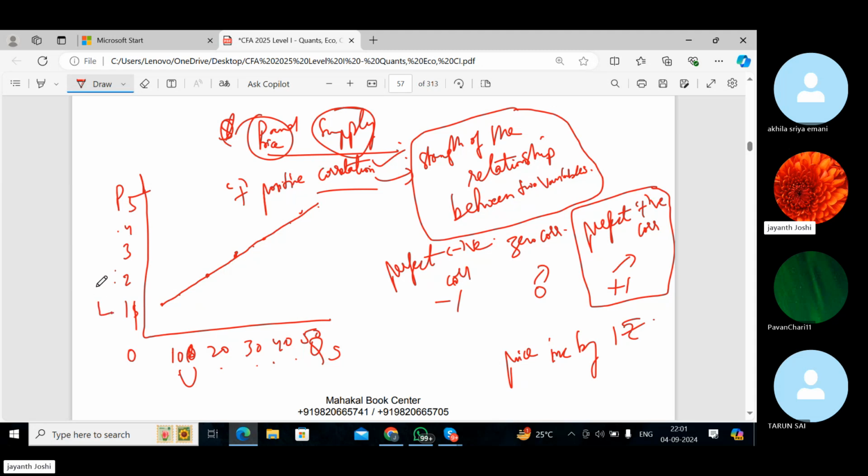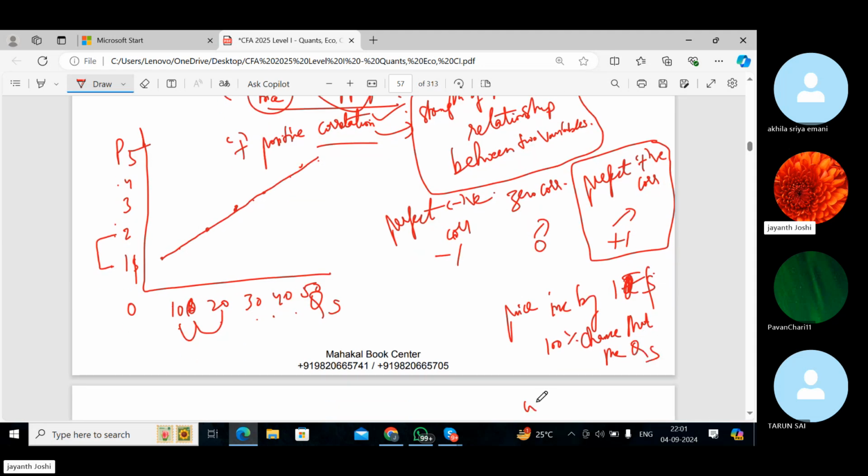When the price increased from $1 to $2, you are supplying 20 units, 10 more units. That means when the price increases by $1, there is a 100% chance that the quantity supplied will increase by 10 units.